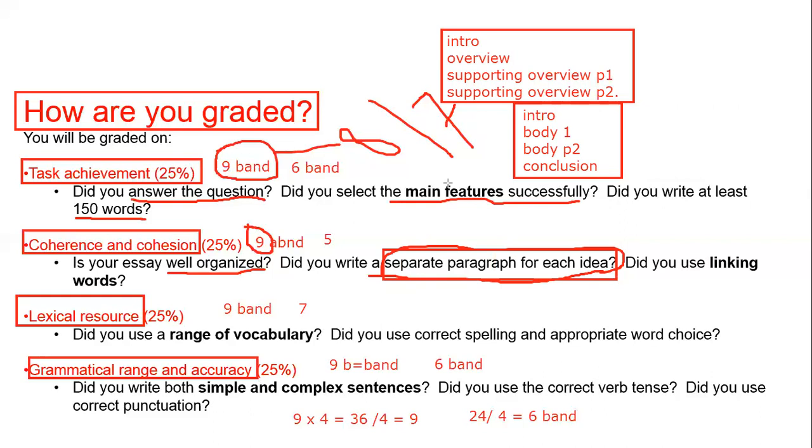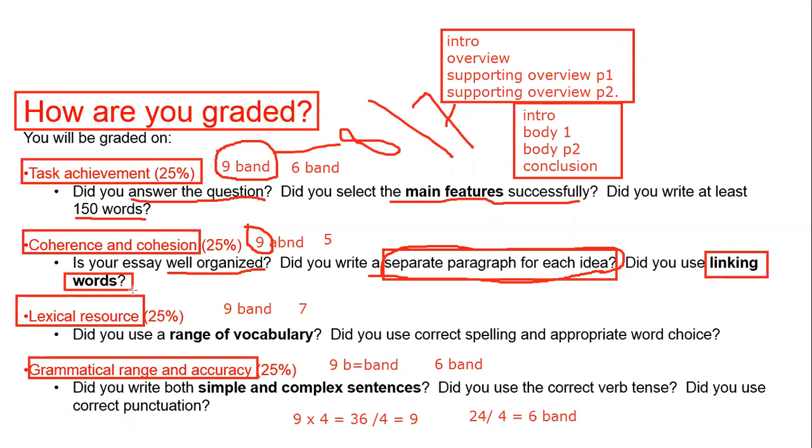After this, the third thing: you are supposed to use linking words. Proper linking words are necessary. But what are linking words? Linking words are those words that connect one word or sentence with another.